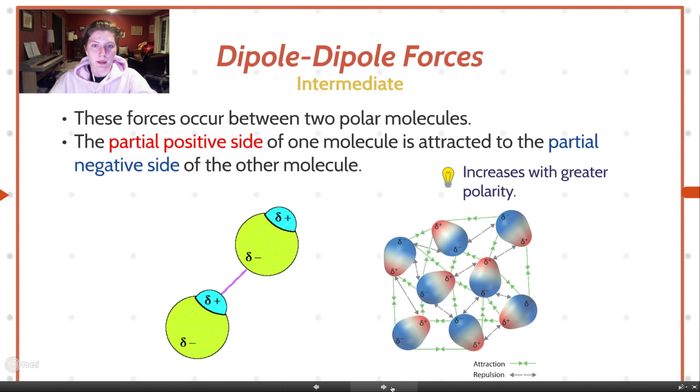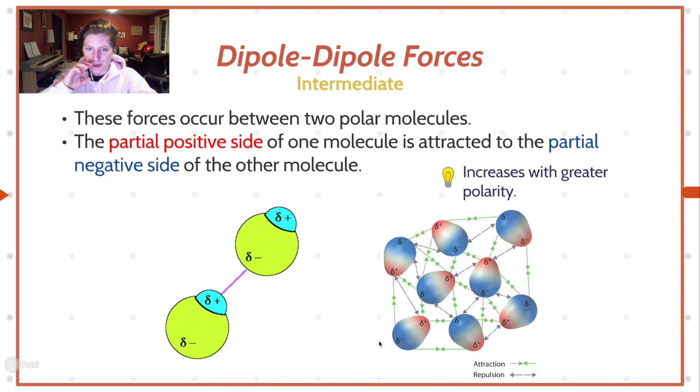Now there's dipole-dipole forces, and they occur between two polar molecules. In a polar molecule, as we've seen earlier, there's a partial positive side and a partial negative side. And they attract electrostatically. It's just an attraction between them.